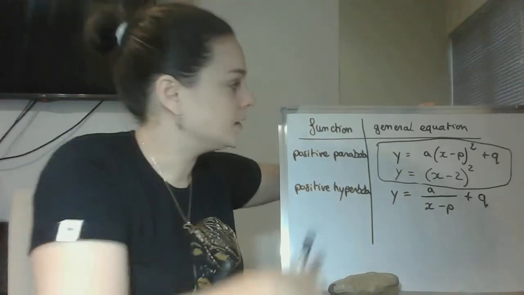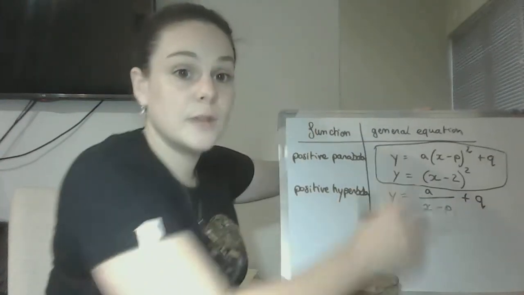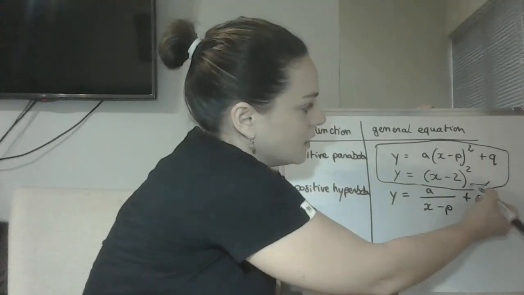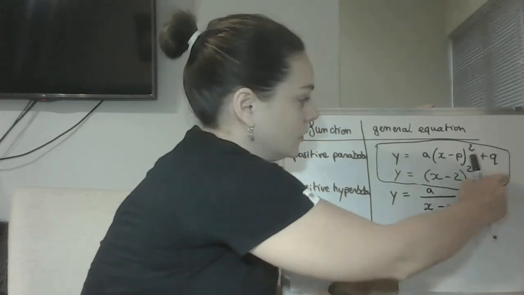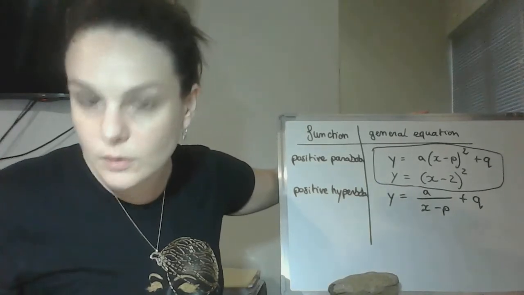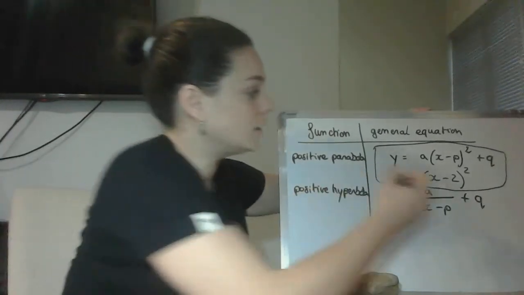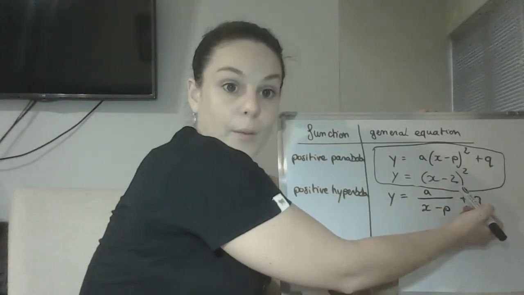But what's interesting here is the p and the q. Let's go for the easy one first. You see, on the right-hand side here you have nothing, which means that that plus q is a plus 0. So as written in your example 1, the q is equal to 0. There is no shift up or down. The only one that has an impact here is the minus p, which equals minus 2.